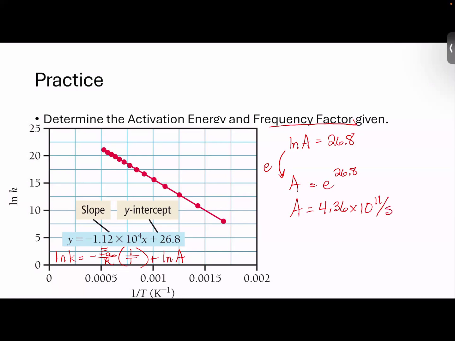That's how many molecules approach the top in a given second. Folks, if you haven't figured it out, I'm just using the equation from the graph and understanding the equation of a line and plugging the two in as appropriate.